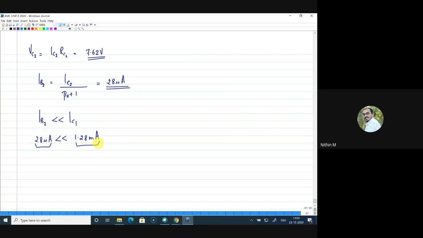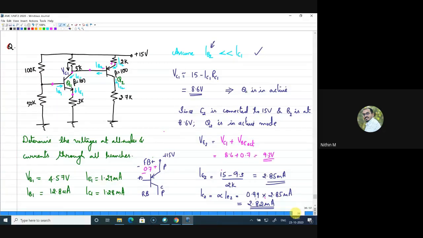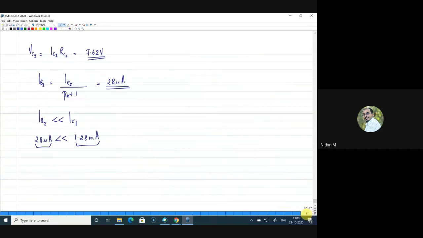Now, by this we arrived at the terminal voltages and currents, but since we started with the small assumption of IB2 being very small, even though that assumption is true, we can go ahead and find the actual voltages. Since all the currents are known, I can find VC1.